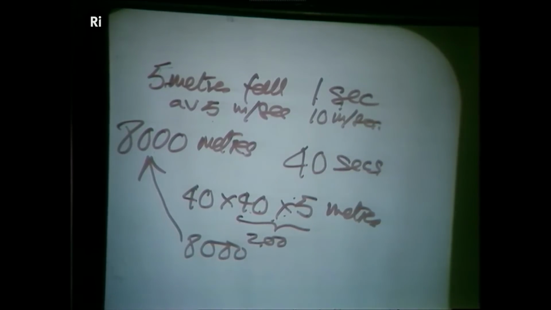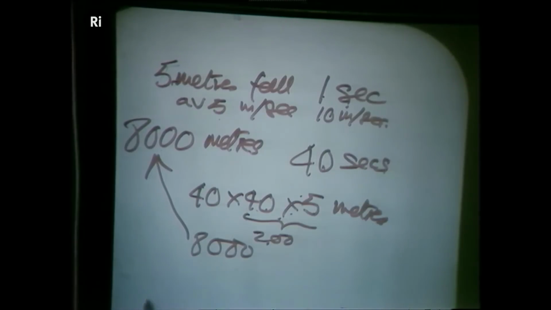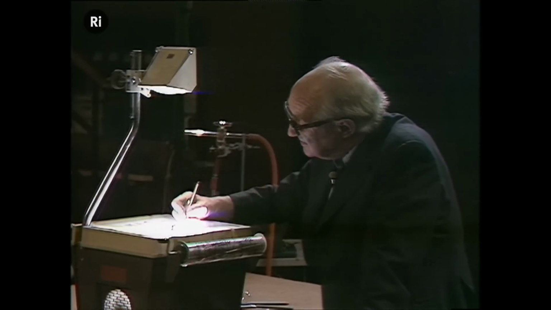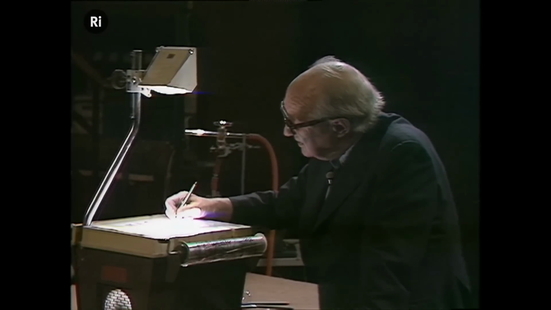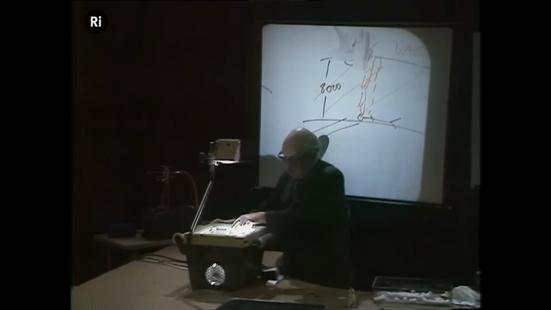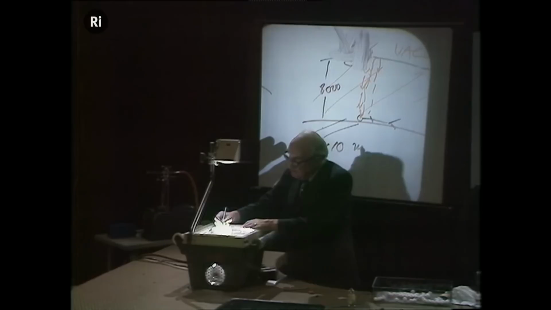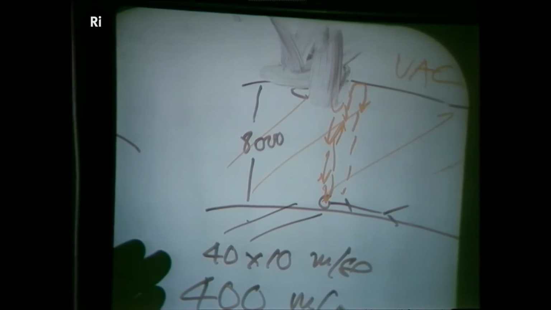And so with 40 seconds, it will be 40 times 10 meters per second. That's how fast the air molecule is falling when it gets here. So it's 40 times 10 meters per second, 400 meters per second.